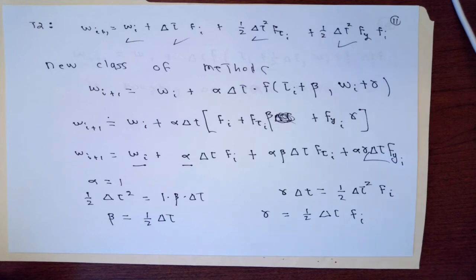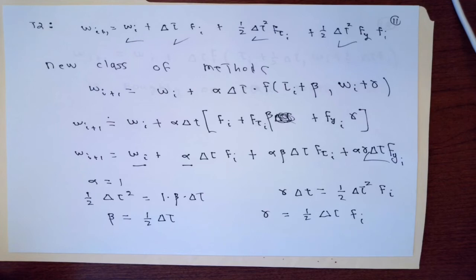The term in Taylor 2 that contains the partial of f with respect to y has coefficient 1/2 delta t squared. In my new method, I have alpha gamma delta t.